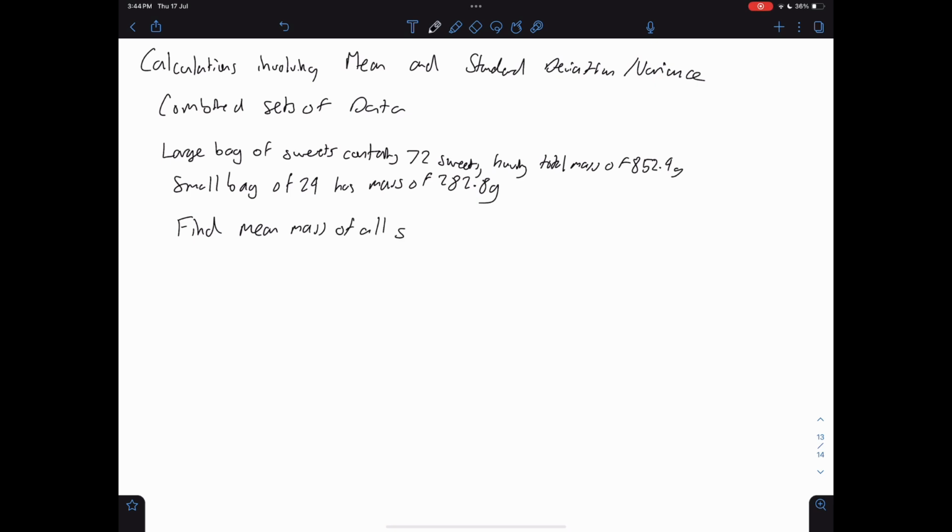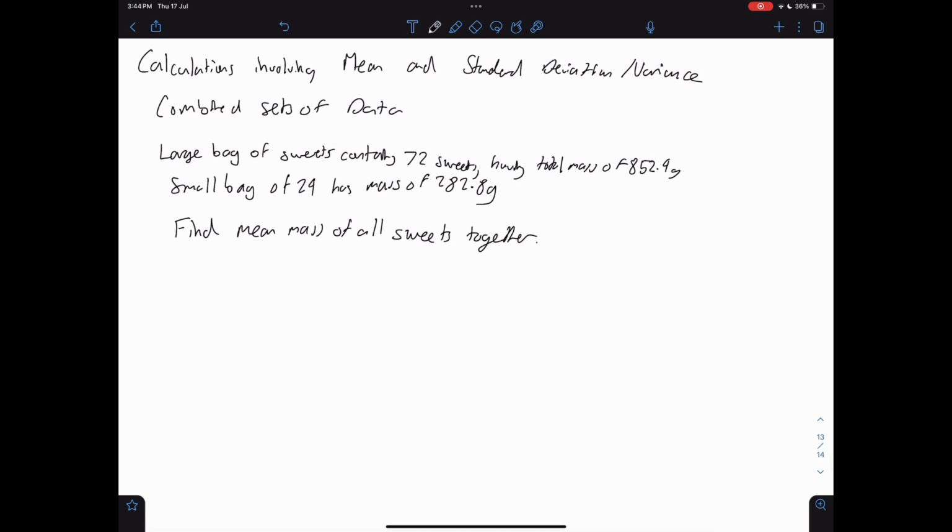sweets together. So what you would do is, there is a formula, but I don't know why you'd have to use this. It would be the sum of x plus the sum of y divided by n of x plus n of y.